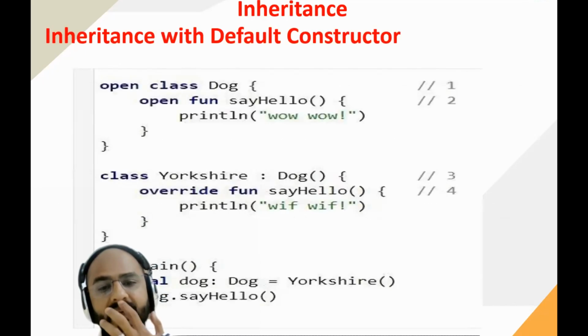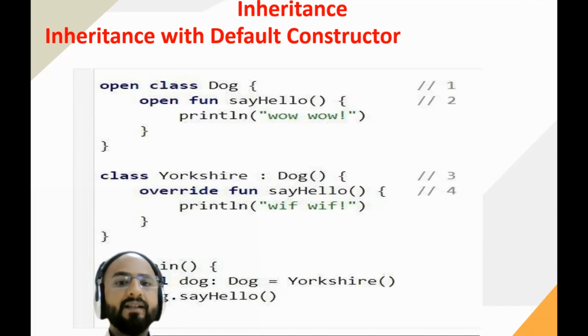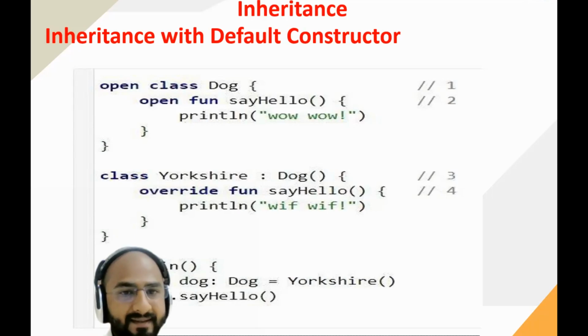See over here, this is the very basic example that I have given. First of all, I have created a class named Dog, and in that Dog class there is a method named sayHello. But you can see I have written the open keyword before the class keyword. It means that now the class is open.